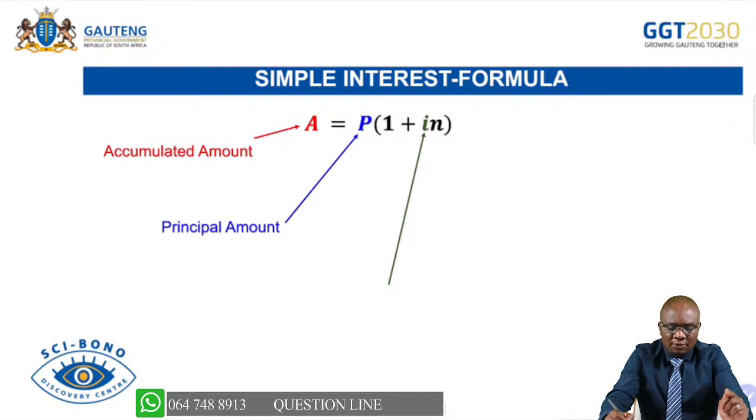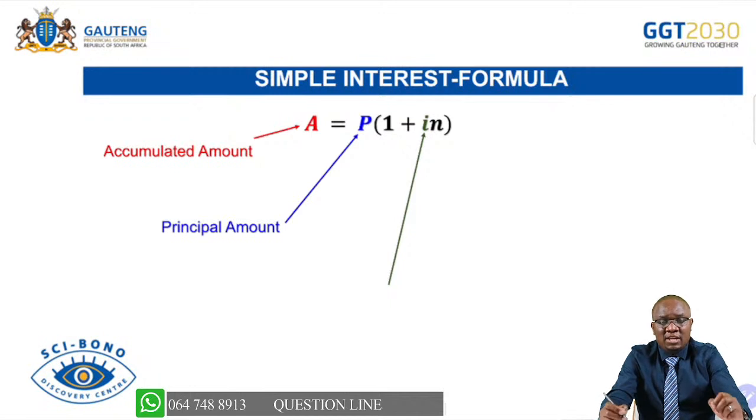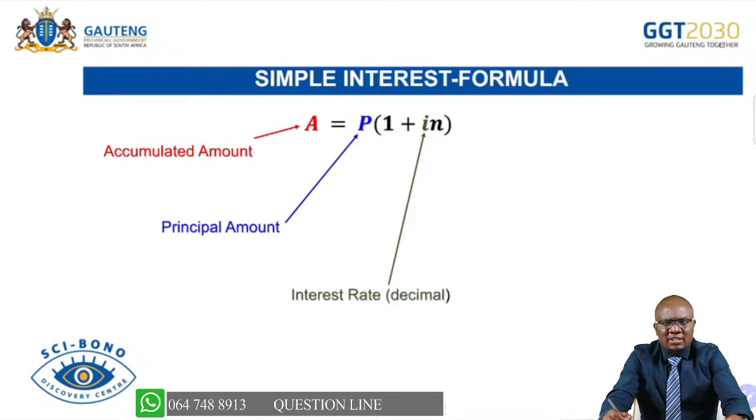The interest rate is expressed as a percentage, but convert your percentage to a decimal. If it's 9%, it is 9 divided by 100. Some people use the calculator and just type 9%. If you can use that, it's still fine, but I'm going to be using decimals.